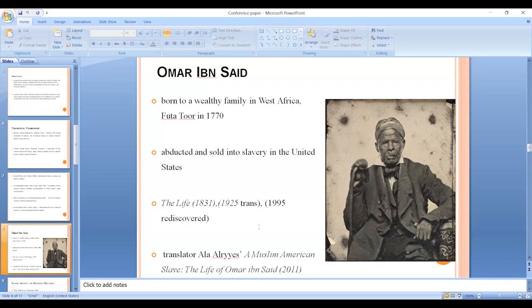And when the masters went too brutal upon him, he escaped the tyranny and tried to reside somewhere, where he was again found. And then he was sold to Jim Owens, the Owen family, who happened to be very great masters to him, which Umar ibn Said later describes in his narrative also.